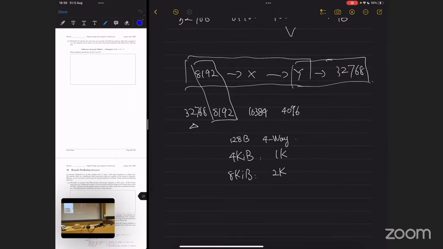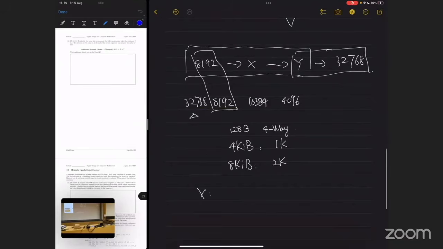So we can set X as an odd multiple of 1K.